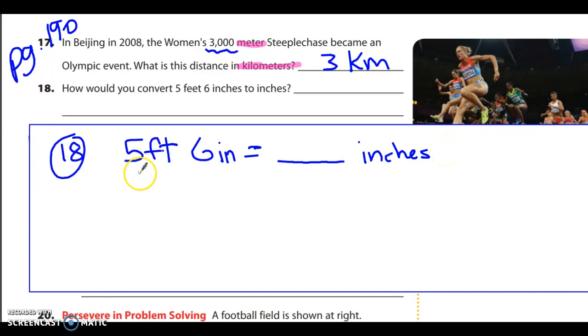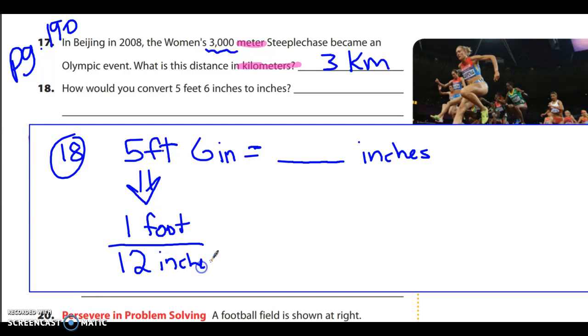First of all, how many inches is just 5 feet? Well, you need to know that the conversion is that 1 foot is 12 inches. And you need to know 5 feet, so you're going to multiply by 5 to get 5 feet. 5 feet is 60 inches.